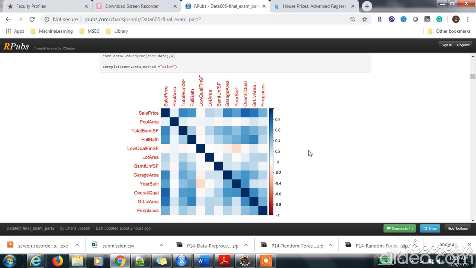Looking at the correlation matrix, I can see there is high correlation between sales price and the full bath, garage area, year built, overall quality, and living area.